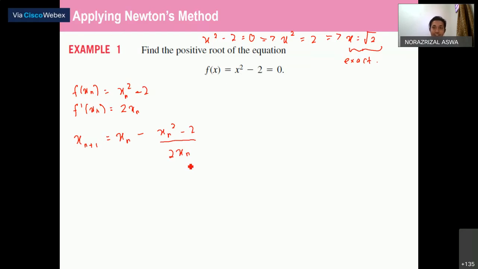There is no trick for the initial guess. The only trick available is to draw the graph. You can try to draw the graph on your own, but I'm not going to do that. I'm going to make my initial guess according to the graph, but we don't have the graph here. x naught is equal to 1. This is my initial guess.